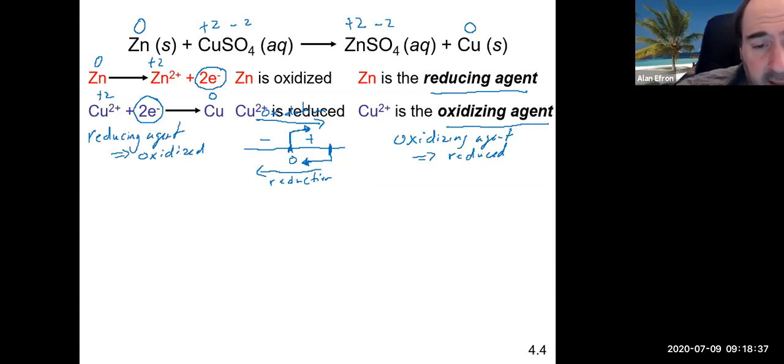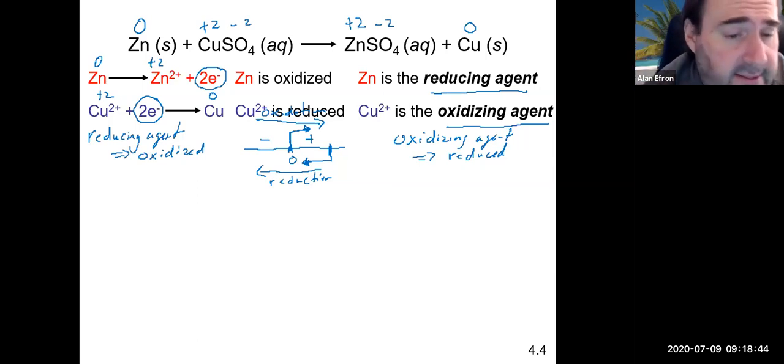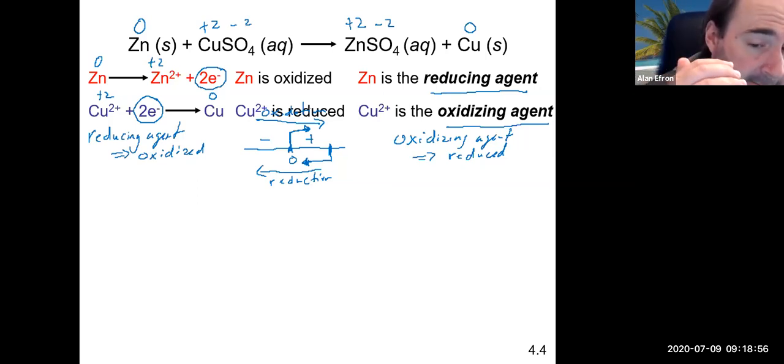So why is that? It is because zinc is the reducing agent. In order for something to be reduced, something has to gain electrons. Because zinc loses electrons, it's providing the electrons for copper to gain, and thus it is the reducing agent for copper.